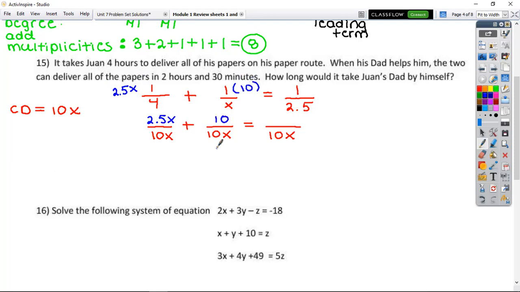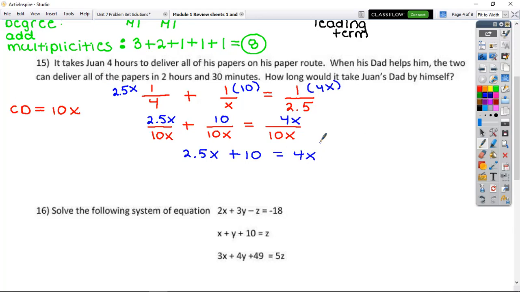I move to the next one and I multiply it by 4x. Because you have an equal sign, you are permitted to omit the denominator. So that's gone. And I solve 2.5x plus 10 equal to 4x.